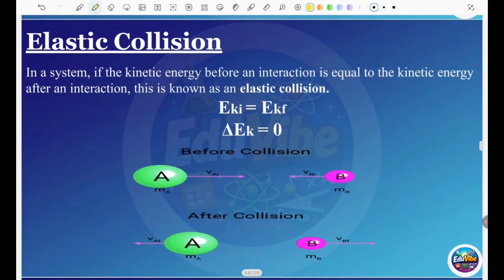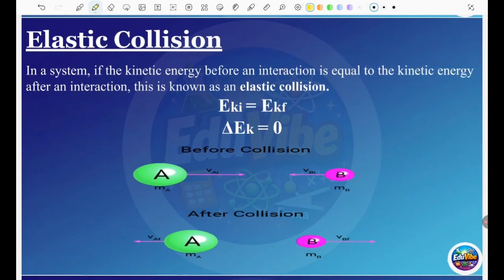So elastic collisions. In an elastic collision in a system, if the kinetic energy before an interaction is equal to the kinetic energy after an interaction, it is known as an elastic collision. So initial and final kinetic energy should be equal, and delta K is 0.